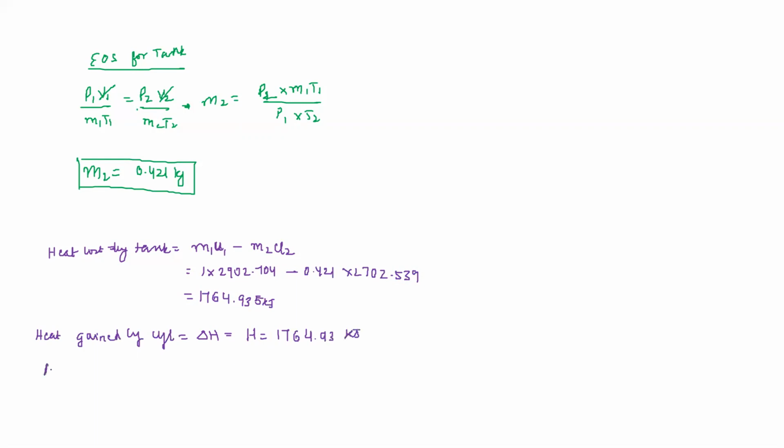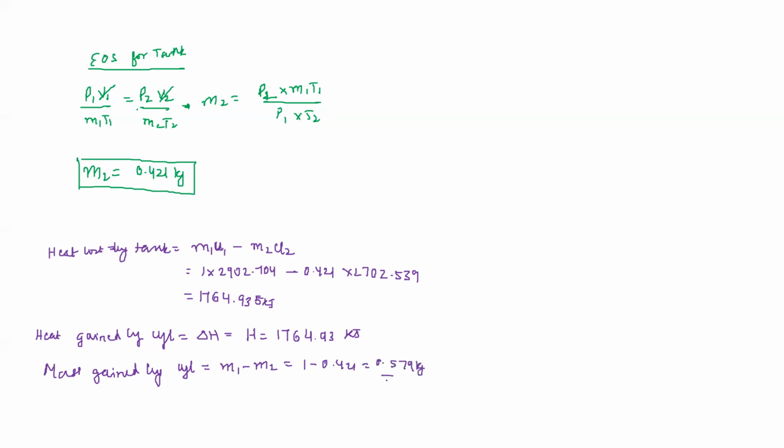The mass gained by the cylinder is equal to whatever mass has been lost by the tank, so M1 minus M2. So 1 minus 0.421 is equal to 0.579 kg.